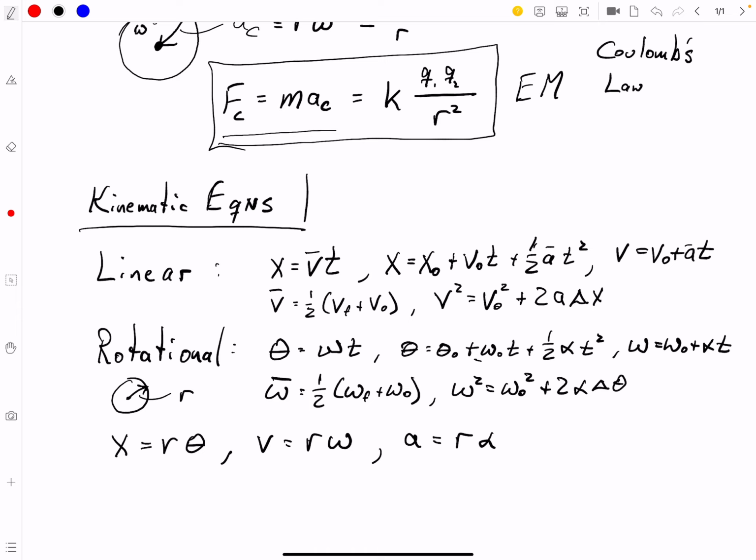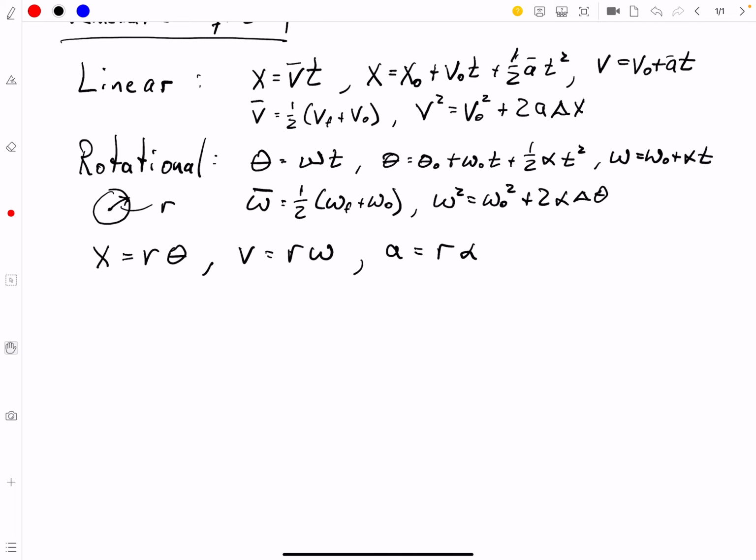We also have to keep in mind that anytime we're doing something in the rotational mode, that rotational mode has all kinds of ways of looking at it. We have one revolution.